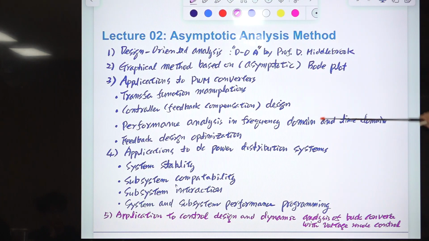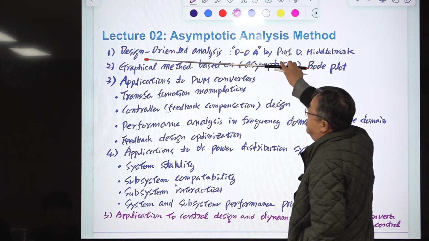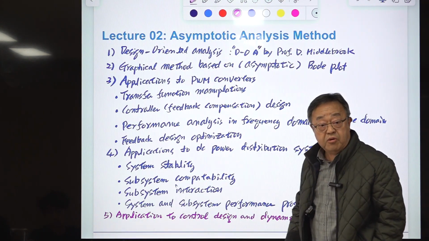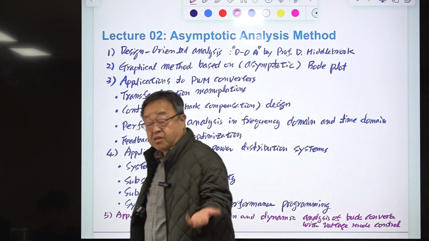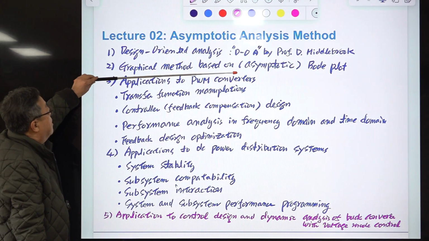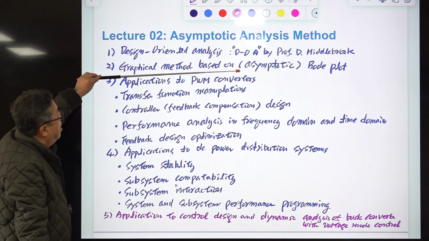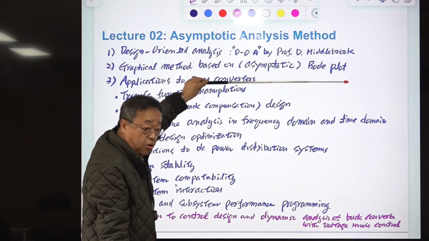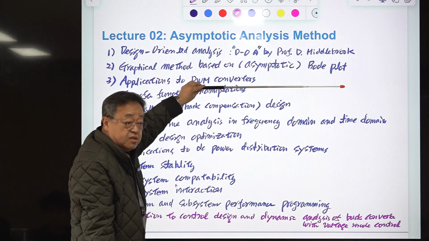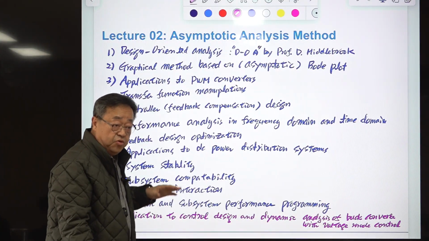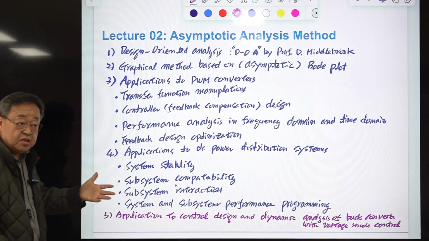But this design-oriented analysis is aimed at providing design insight into the circuit or system. This is a graphical method, and we are using the Bode plot technique, especially the asymptotic plot technique. You will understand the details about this.